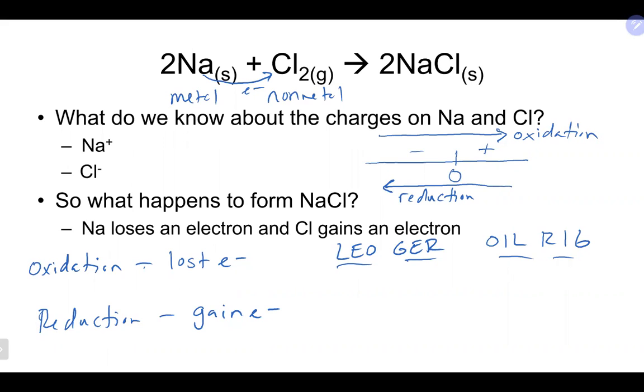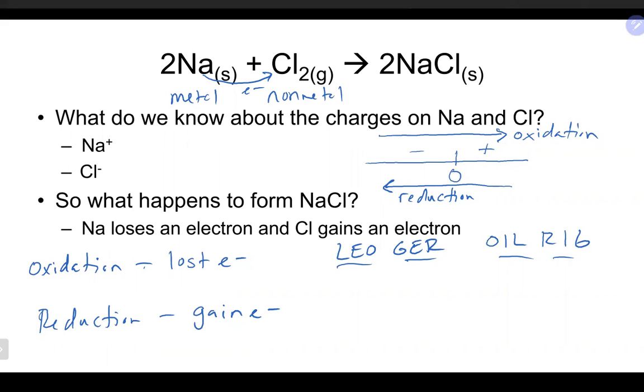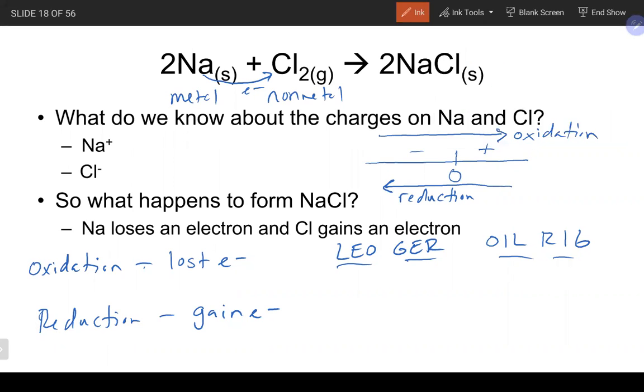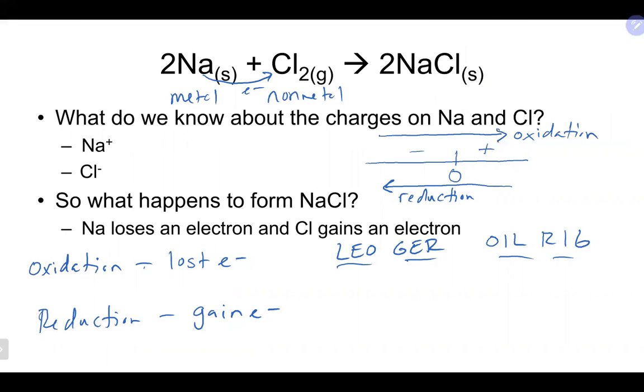So for example, if we look at this equation up here on top, remember, any element that is by itself, not combined with anything else, does not have a charge. So the sodium here does not have a charge. The chlorine is a diatomic molecule, which is how it naturally comes.